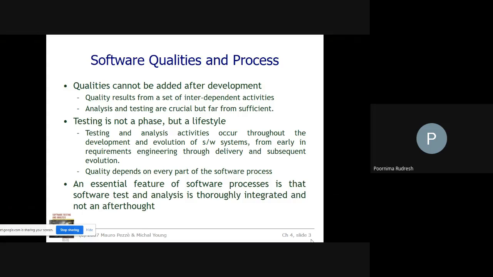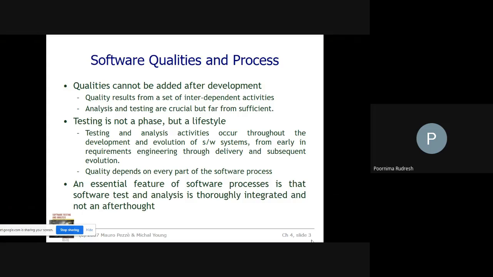Testing and analysis activities must occur throughout the development and evolution of software systems, starting from requirement engineering through the delivery and subsequent evolution, or we can say starting from requirements collection, design and implementation, and finally the maintenance phase.